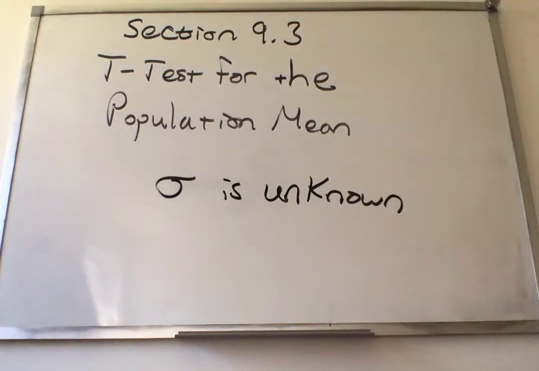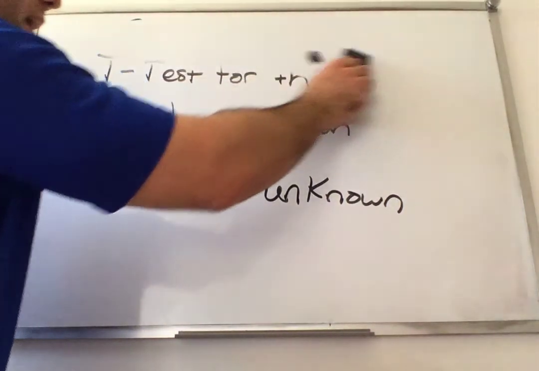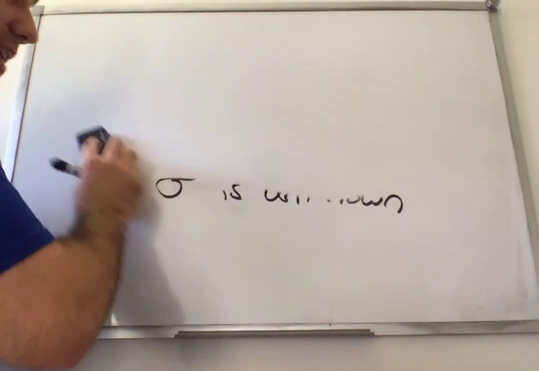Now, if you're looking at the notes, there is the 5-step method for doing a hypothesis test. It has not changed. The steps on going through it, everything is the same. We're going to set up our hypotheses the same. We're going to write our level of significance. We're going to choose, is it a left, right, or two-tailed test.